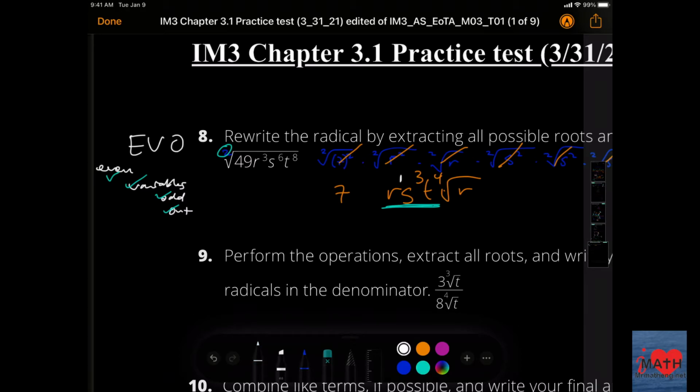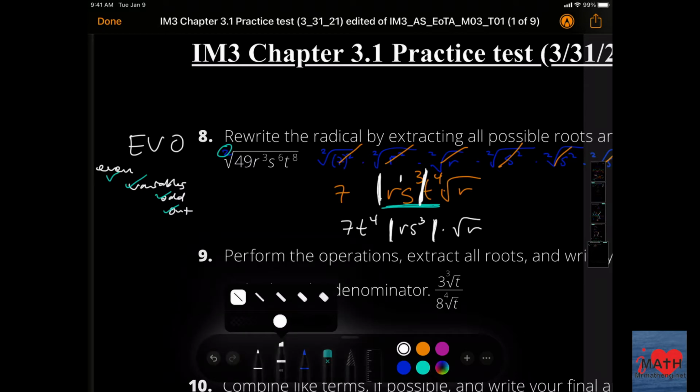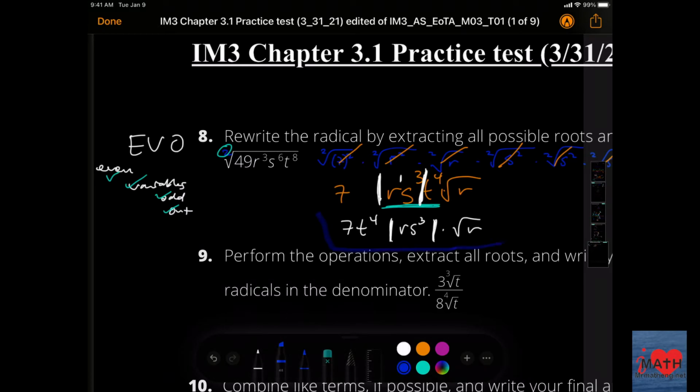The R has the first power. So those are the only 2 that are actually in the absolute value right there. If you want a super clean answer, you can write it like this: 7t to the fourth, absolute value of r s to the third, times r. And that would be our answer.